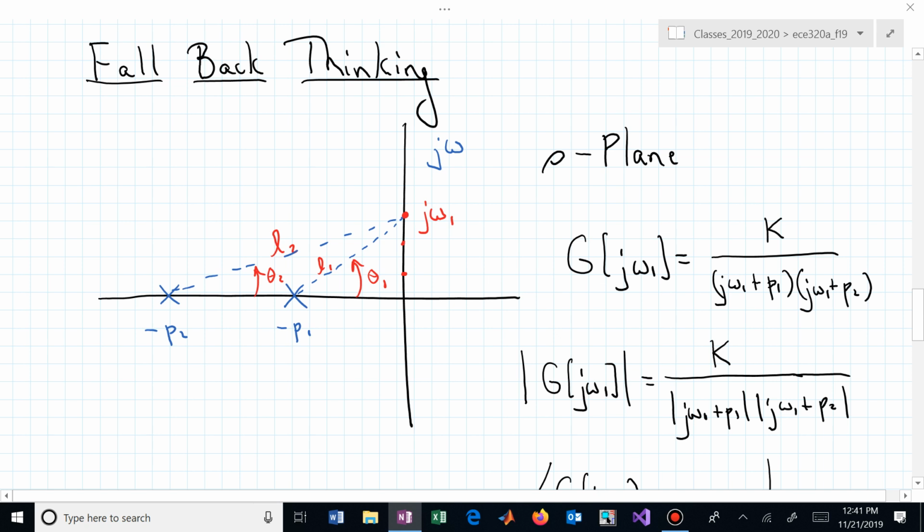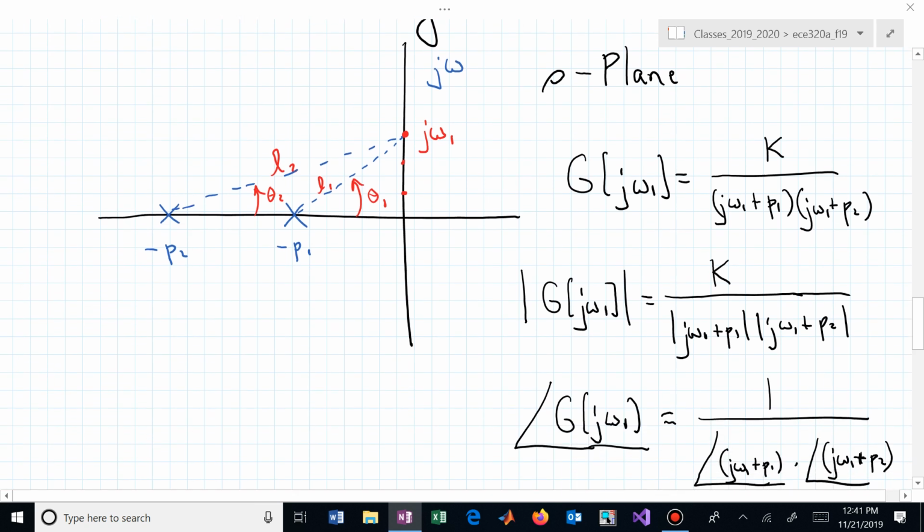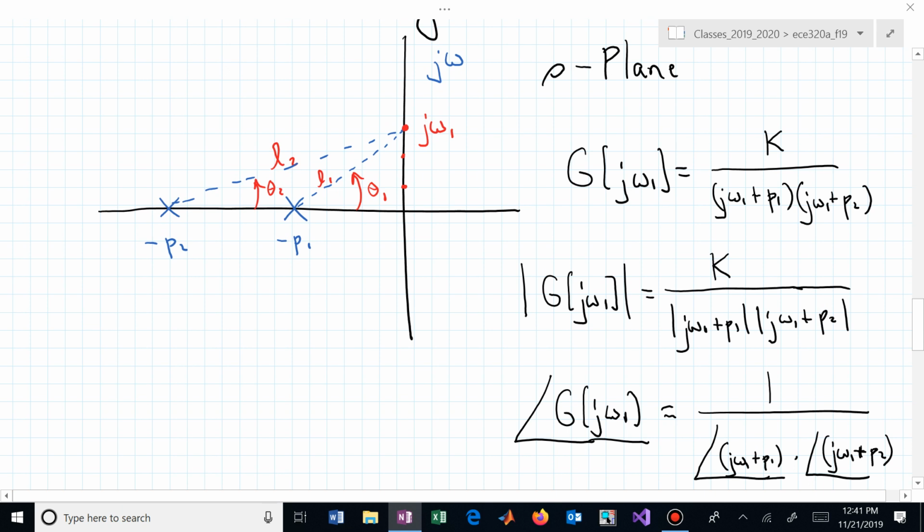If you're out of phase, if there's a phase shift, then the peaks and valleys won't be aligned. The phase shift tells us how that will be related. In this case, the angle of the first pole you could physically measure. If you've sketched this plot accurately on your complex S-plane, you could get out your protractor and measure that angle theta 1. Or you could do it with your calculator.